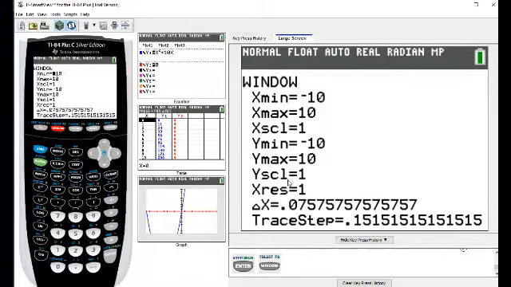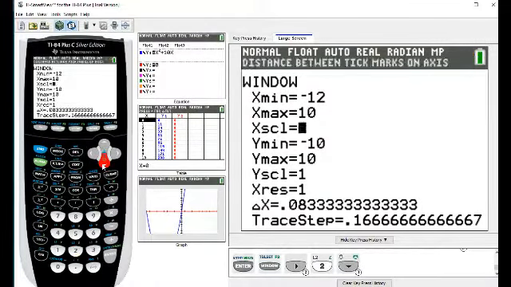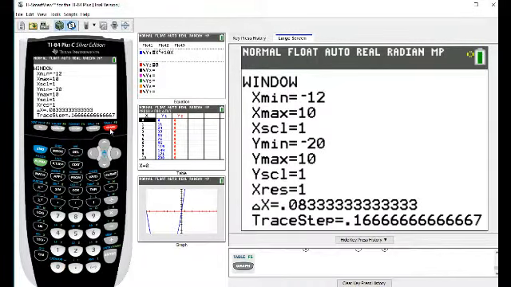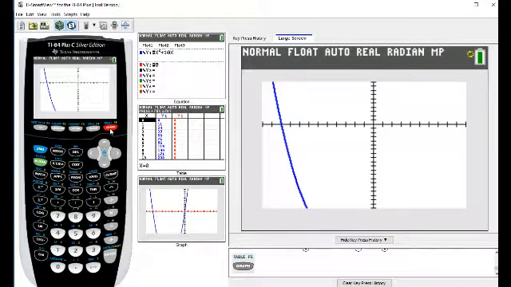X min we could make negative about 12, and y min about negative 20. Graph. All right.